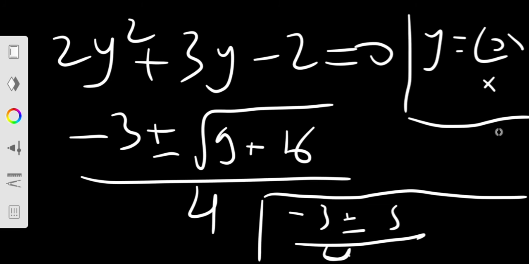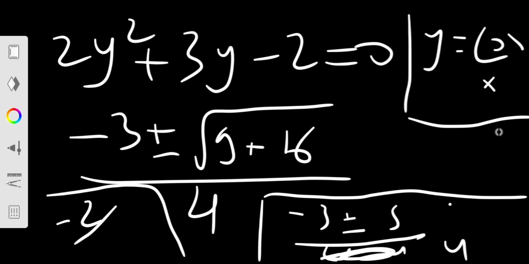Okay, so minus 3 minus 5, minus 8 divided by 4 is minus 2. And 5 minus 3 is 2 divided by 4 is a half. So it is either minus 2 or a half.